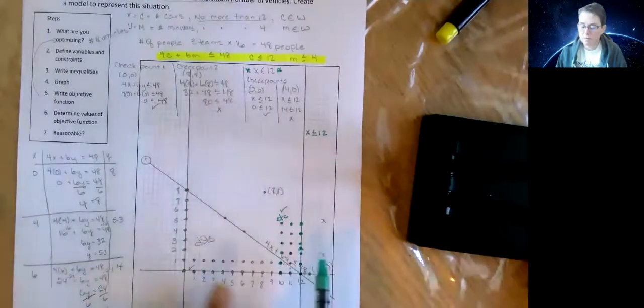So green dots, and it would actually go all the way up and all the way across. So we can see right now that this part is looking like it's going to be interesting, right? Because this section below the line and over here, so right now this triangle is the beginning of our feasible region.